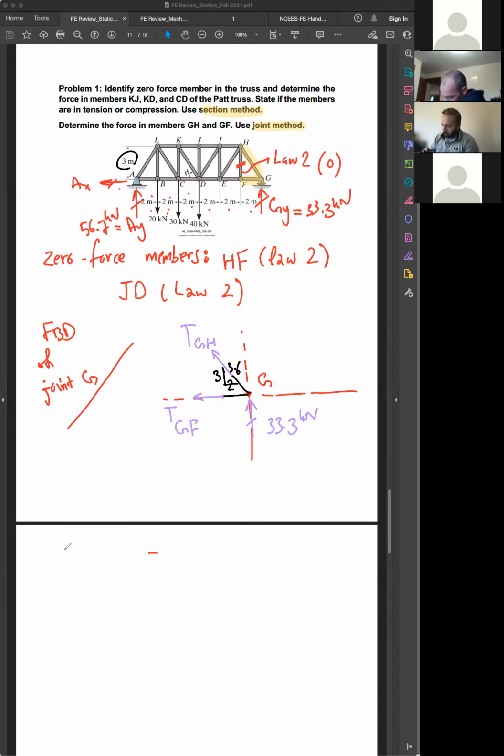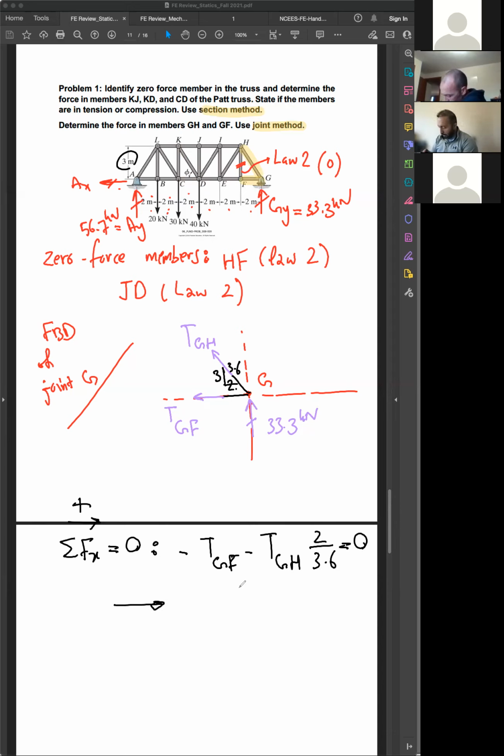So you can say the summation of forces in X direction equal to 0, this direction positive. So what do you have? You have the negative TGF, all right? And also you have a negative TGH, horizontal, would be 2 over 3.6, equal to 0.